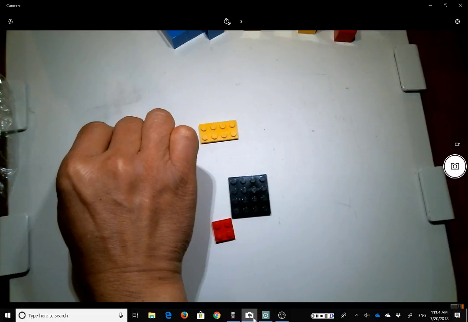If this is a and this is b, this area is a times b. Here we have two of them, a times b. So we have a squared plus 2ab plus b squared, and that is equal to (a plus b) squared.